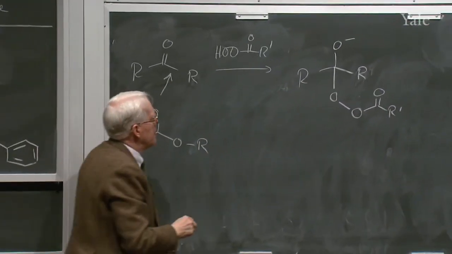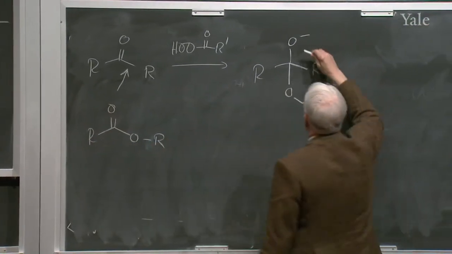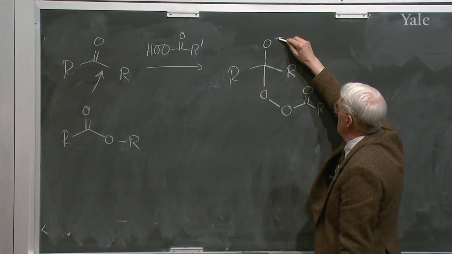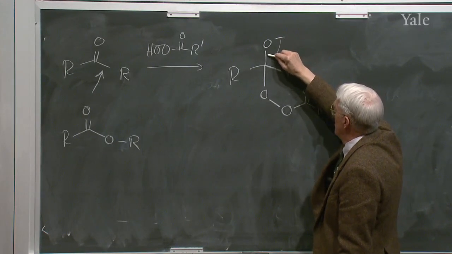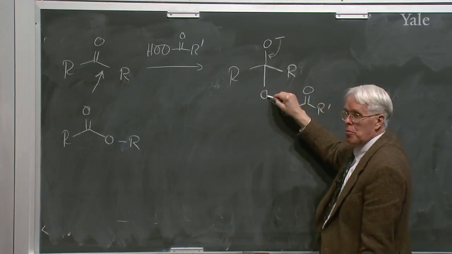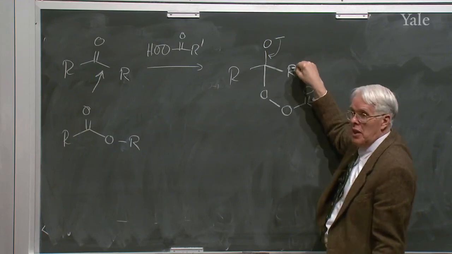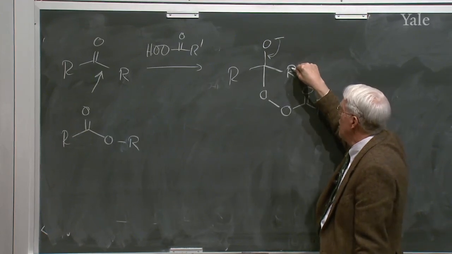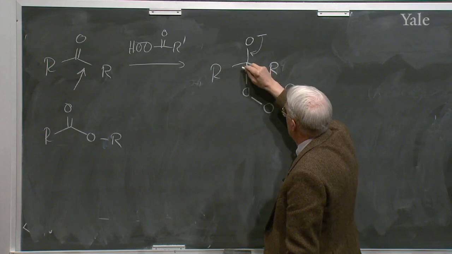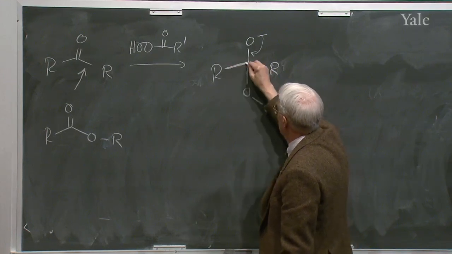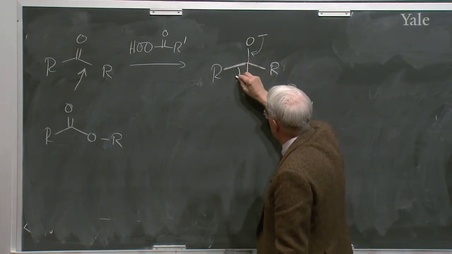and now, normally what we think of is these electrons come in, and lose this group. Pardon me, lose this group, but we don't have a leaving group here, right? So instead what happens is that these electrons come here.